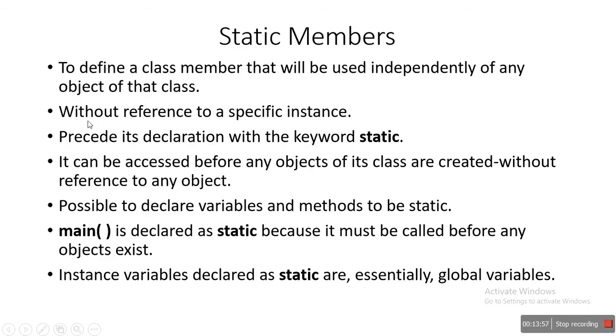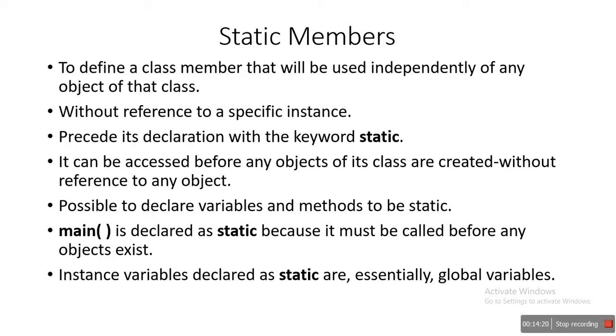Now, the second point: without reference to a specific instance. The meaning here is without creating any reference variable. These static members are not going to be affected by any object creation.